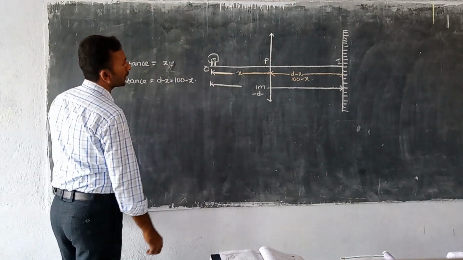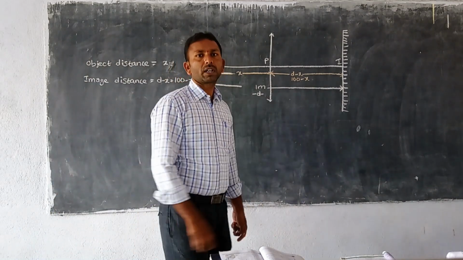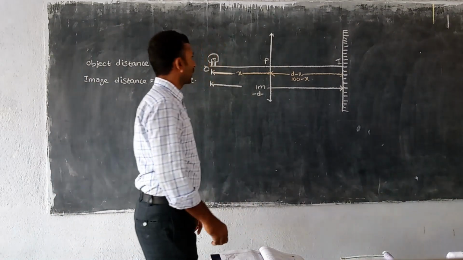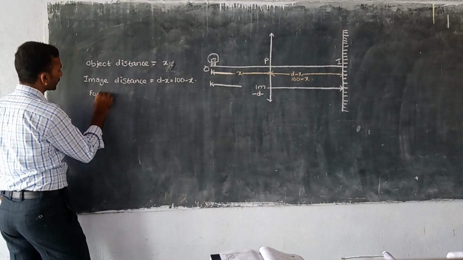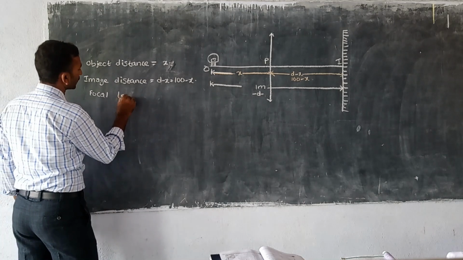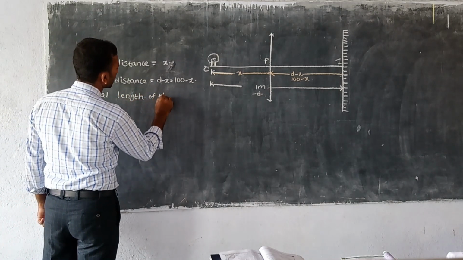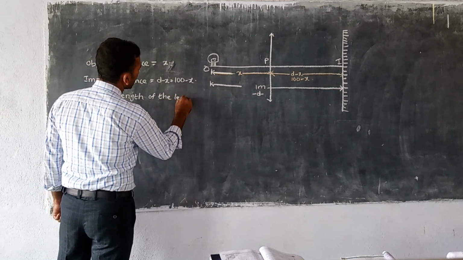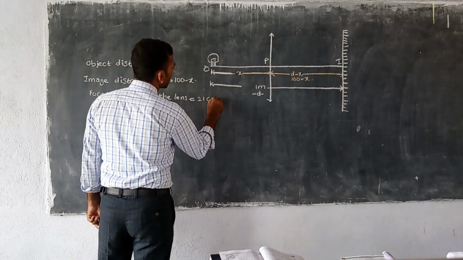And what other value is given in the question? We have the focal length of the lens. Focal length of the lens f equals 21 centimeter.